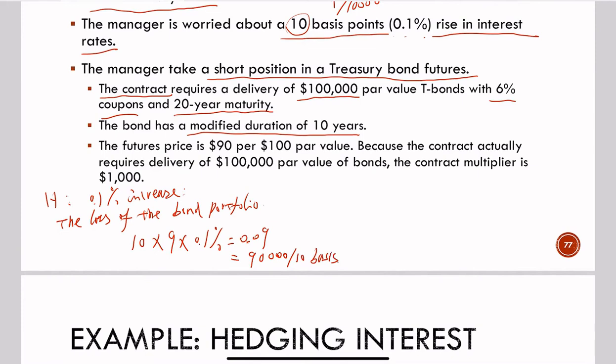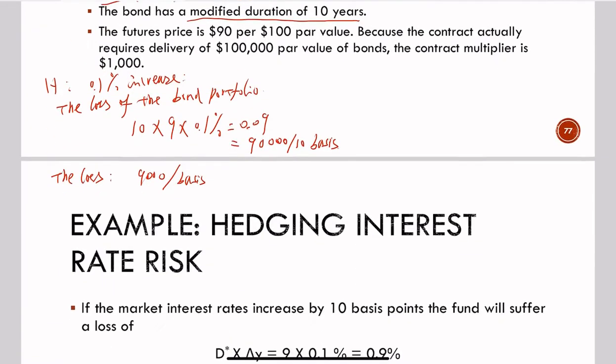And then we can find out the loss is $9,000 for 1 basis point. That is, if the interest rate increases by 1 basis point, the bond portfolio will lose $9,000. So we have a name for this number.